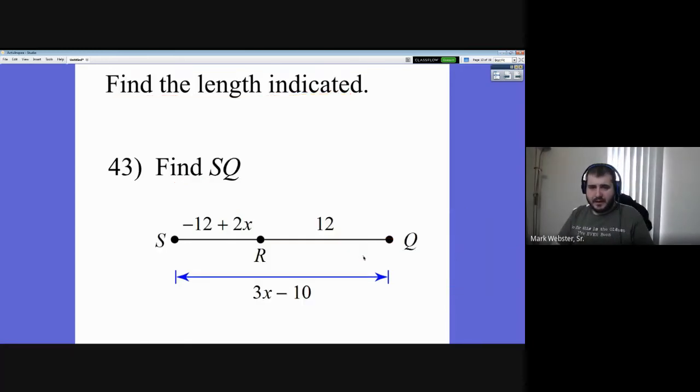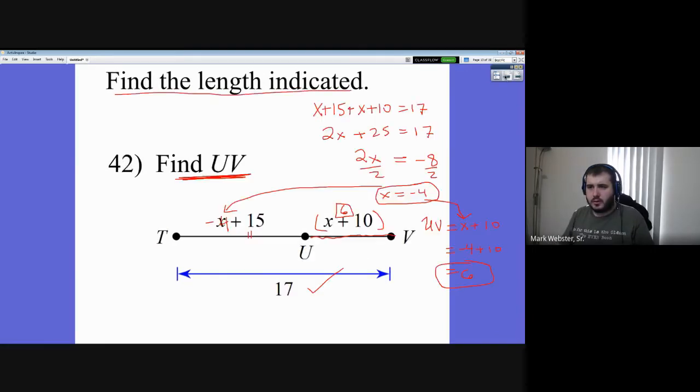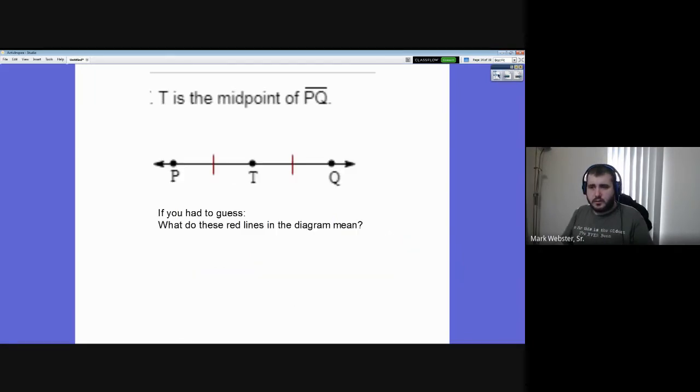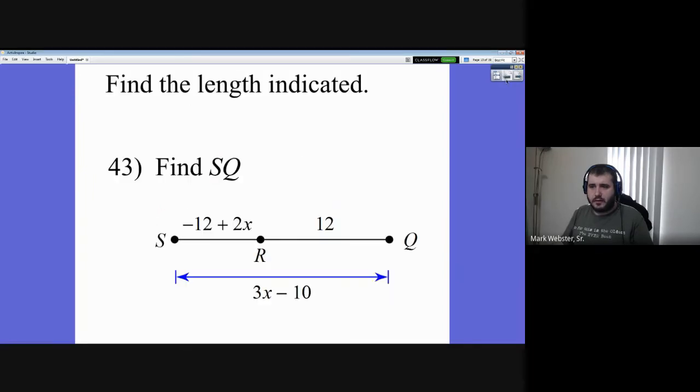Okay, I think this is the last one. One more after that. So if we want to find SQ, we're going to do the exact same thing.